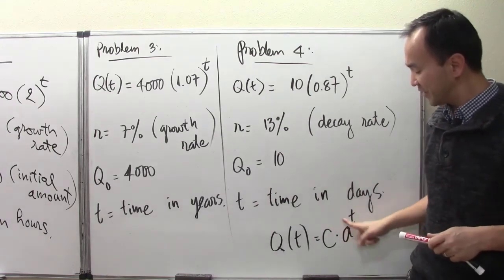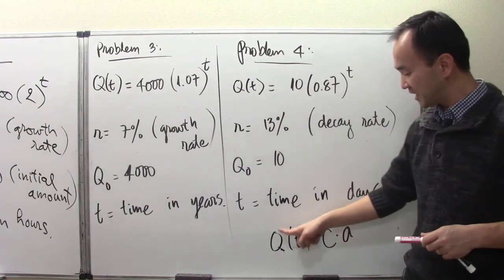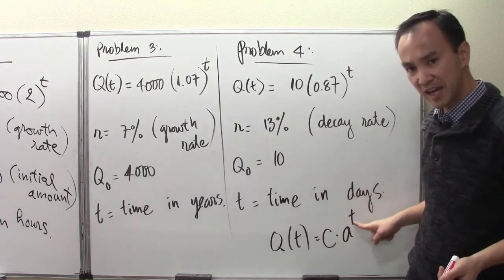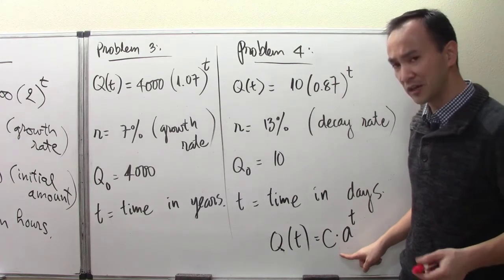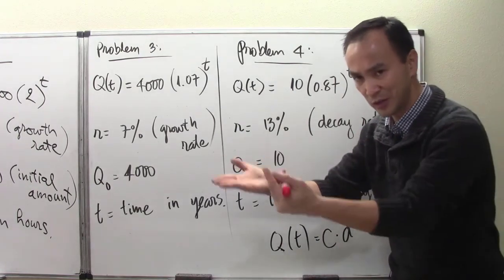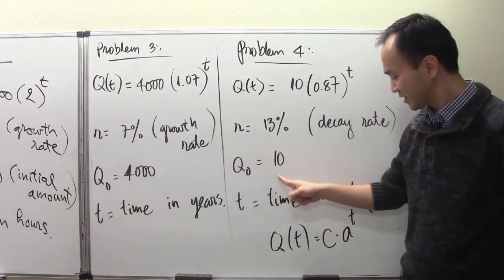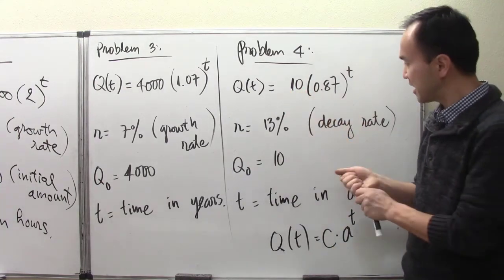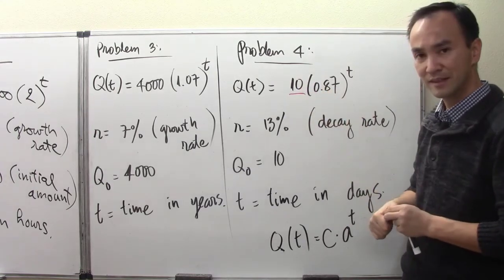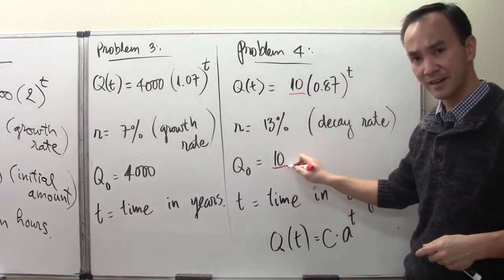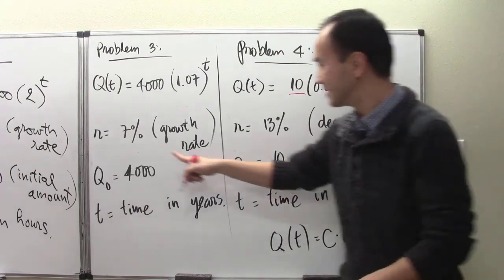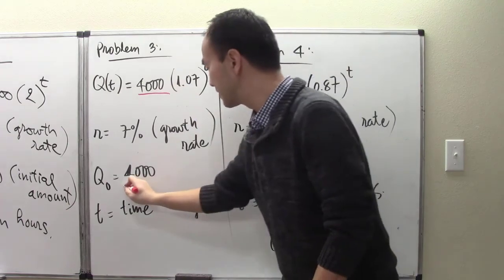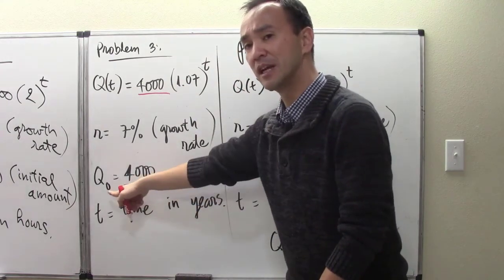But now if we look even further, any one of these exponential functions we have derived is in the form of a constant coefficient times the base a to the t. Looking even more closely, the constant coefficient in front of the exponential term here is 10, and here it's a 4,000 for problem 3, and that 4,000 came out from the initial quantity.